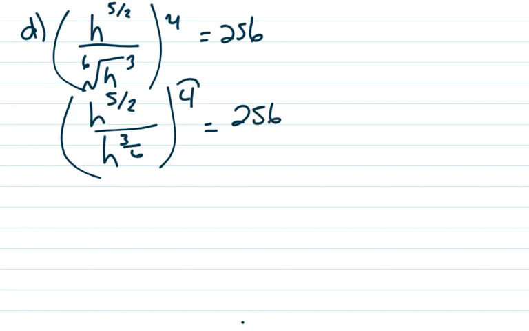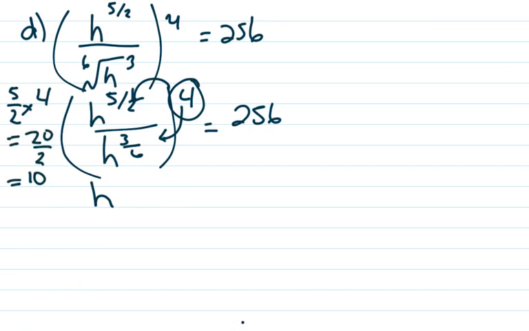Now I'm going to apply this 4 to each power. So that would be h to the power of 5 over 2 times 4 equals 20 over 2, which equals 10. And then 3 over 6 times 4 equals 12 over 6, which equals 2.